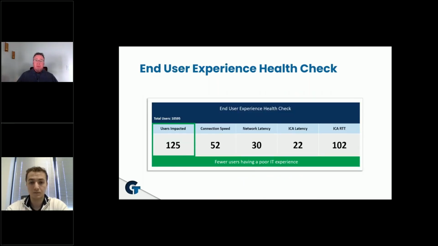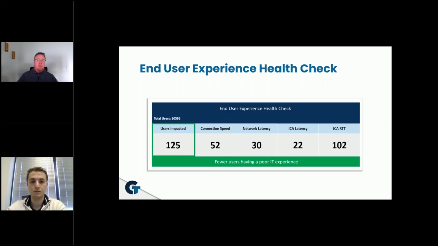What is really unique about this, even though the whole thing is unique because there isn't another automated health check module that exists out there today, but what is really unique is we're not just looking at the environment, we're not just looking at the IT infrastructure, we're not just looking at the scope of the Citrix deployment. We're also looking at impact on end user experience.